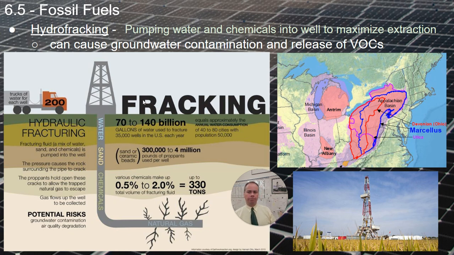The people living in areas where there's a lot of hydrofracking also have to deal with constant trucks bringing in water, taking that water away, etc. And so there are certainly a lot of consequences that come along with accessing natural gas through hydrofracking. Like we said here, it can cause groundwater contamination. It also can release various compounds, VOCs, that could impact human health.